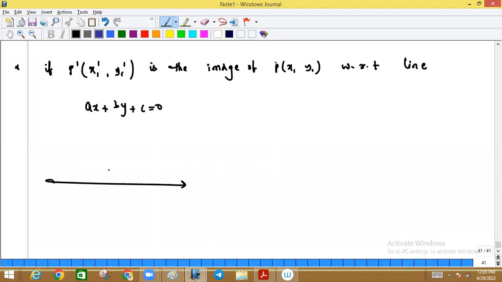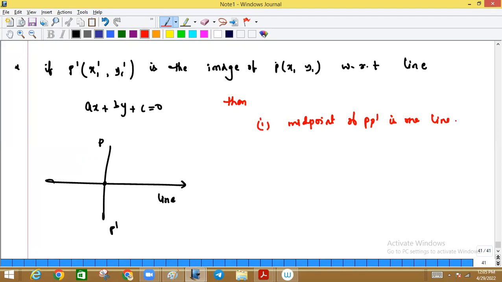This is the line, this is P and this one is P dash. Understood? Then it should satisfy: the first one is the midpoint of P P dash is on the line ax plus by plus c equals 0. It should satisfy the line, right?